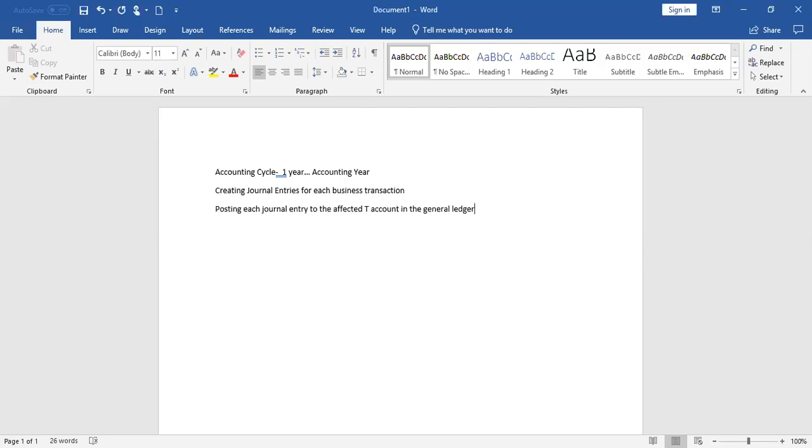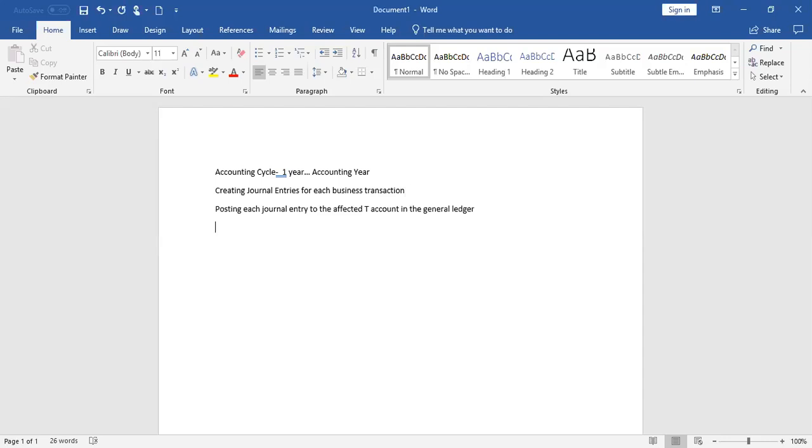And we keep doing that and doing that and doing that, until sometime we have to make a financial statement. Now we have to make a financial statement at least once a year. But sometimes we may make them every month because our boss asks us to, or maybe twice a year. Okay, so you don't have to only make it once a year. You can make it 12 times a year. Heck, you can make one every day if you want. That's not normal. Companies I've worked at, we've made a set of financial statements each month.